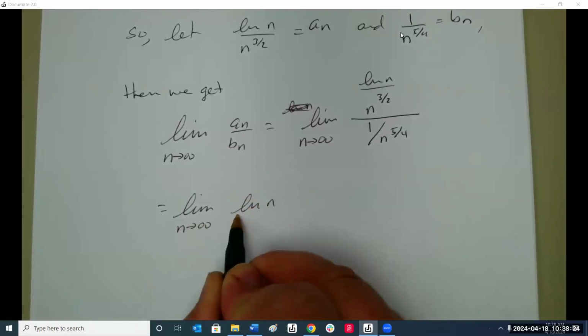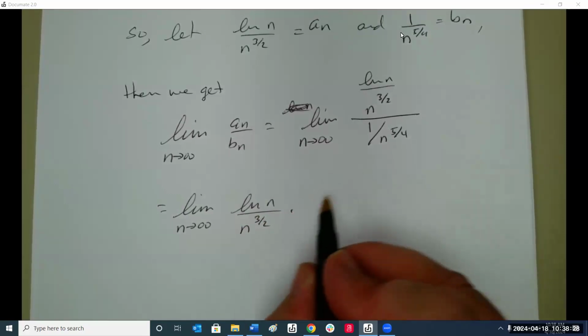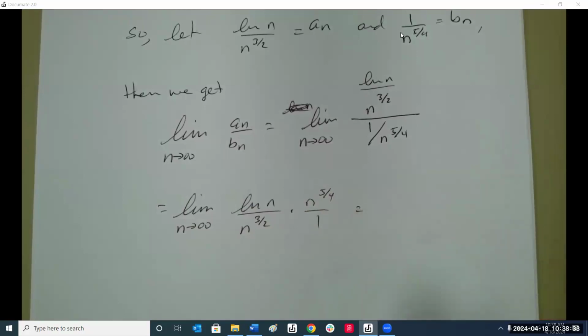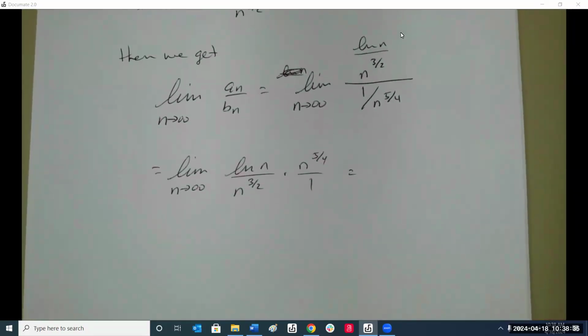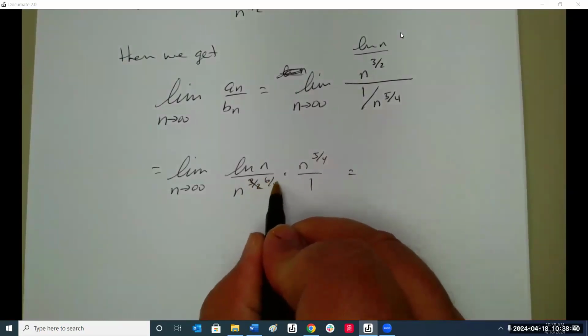Take the top, leave it alone, times the flip of the bottom. So this becomes 6/4.